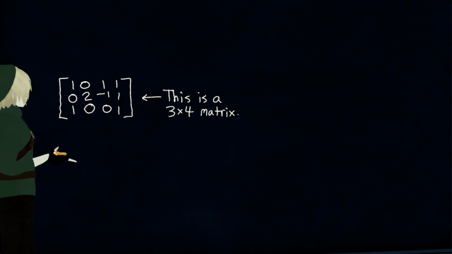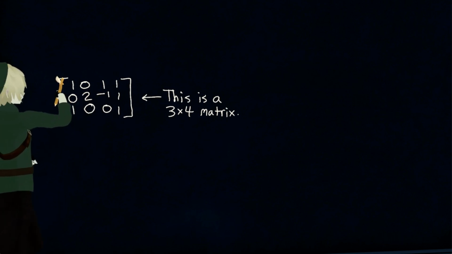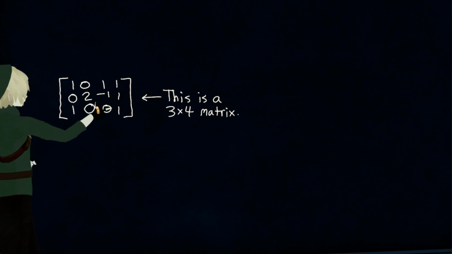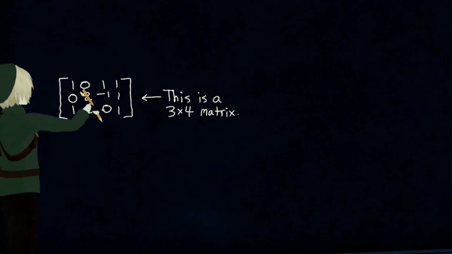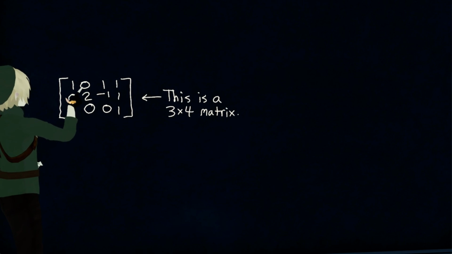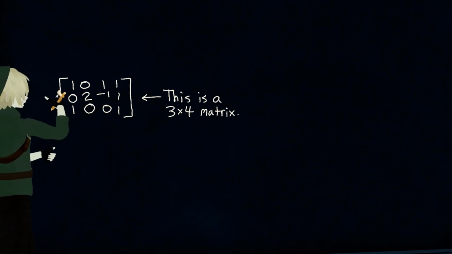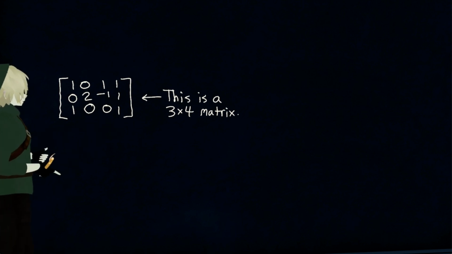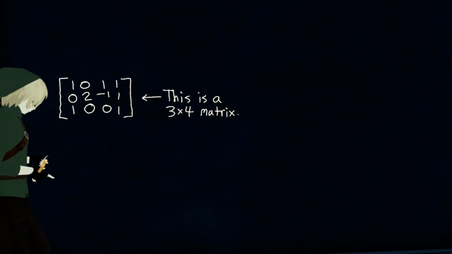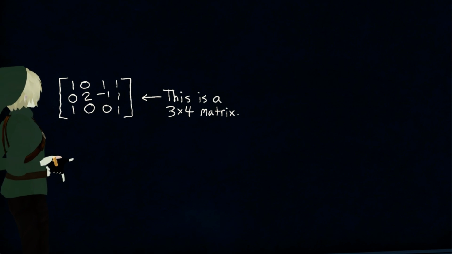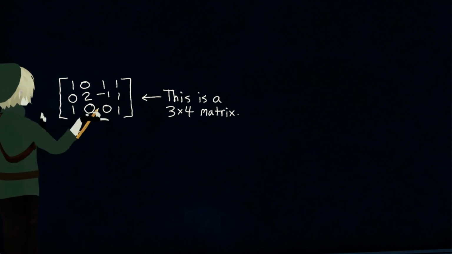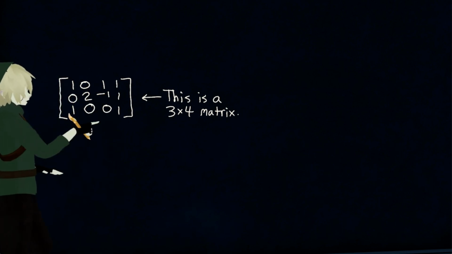This is a 3x4 matrix. So we go by rows and then by columns. So there's 3 rows and 4 columns. So it's a row by column matrix. That's literally what a matrix is. It could be in all different kinds of sizes.